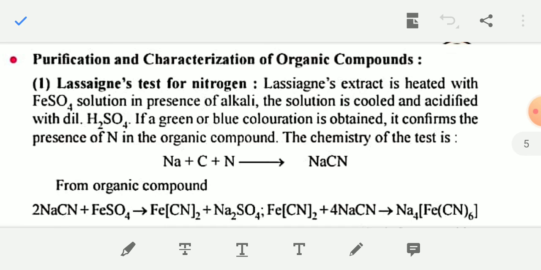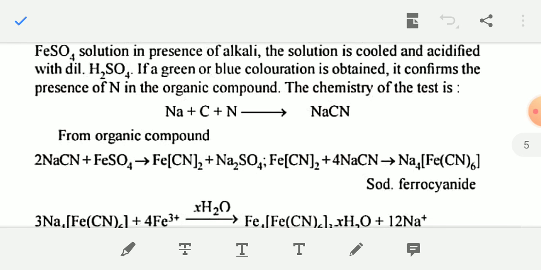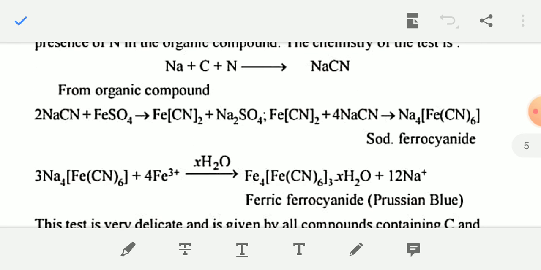The chemical reaction behind this test: you first make the sodium extract. Sodium plus carbon and nitrogen from the organic compound combine to form sodium cyanide. Next, sodium cyanide treated with ferrous sulfate is converted into sodium ferrocyanide.